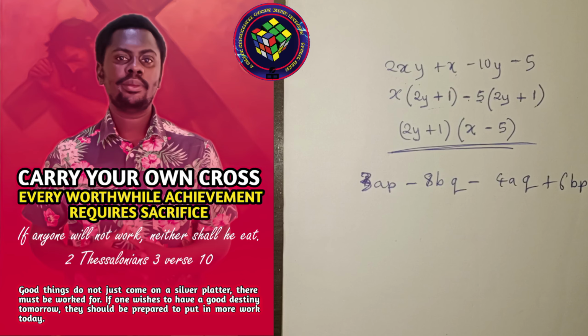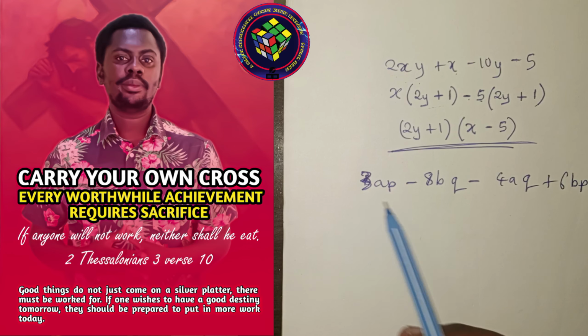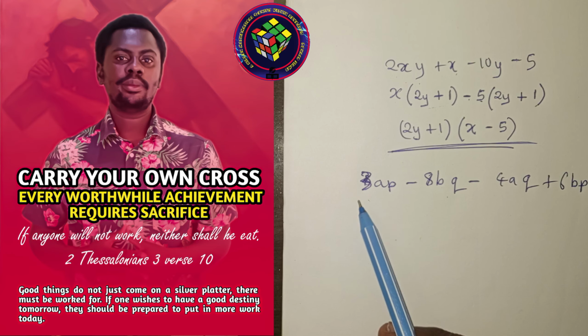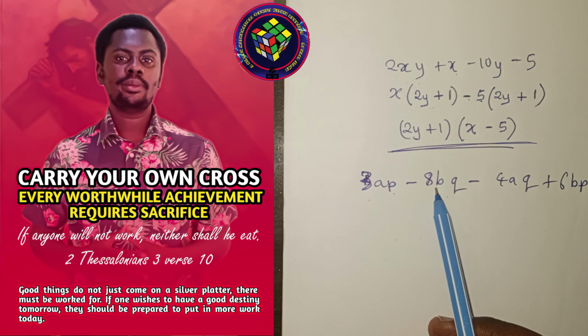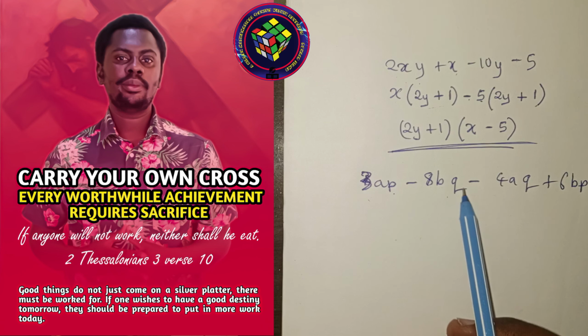Since the terms are four, we need to use grouping terms. You get the two terms, divide out the common factor. Another two terms, you also divide out a common factor. When you come to these two, this is 3AP and this is 8BQ.